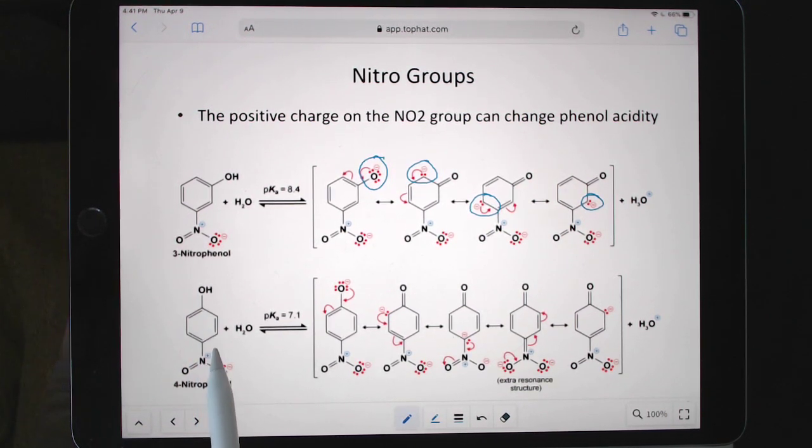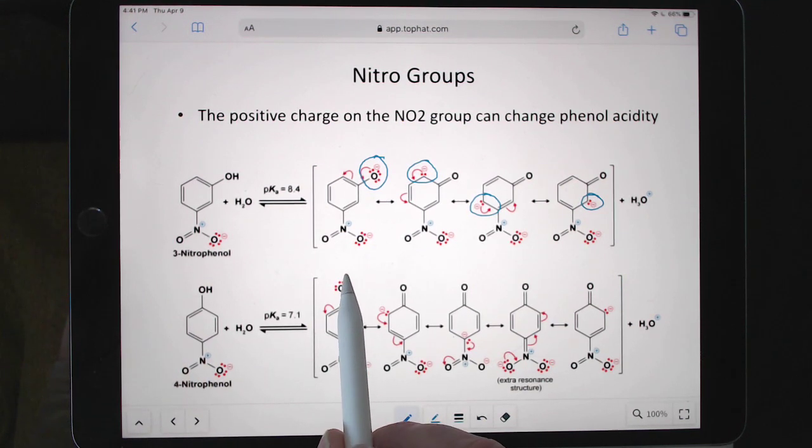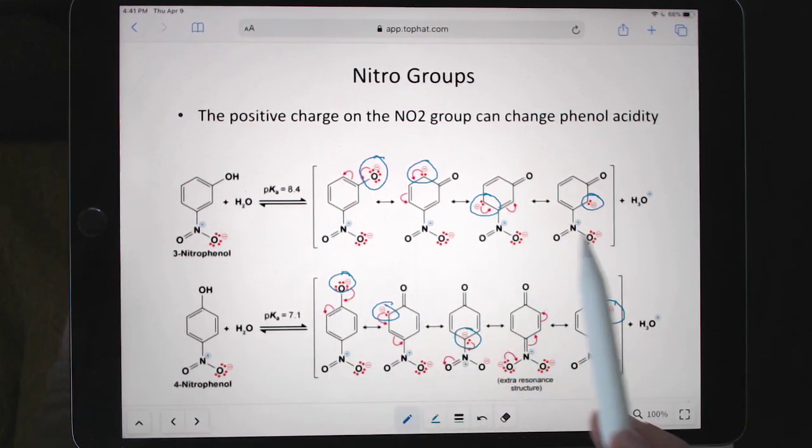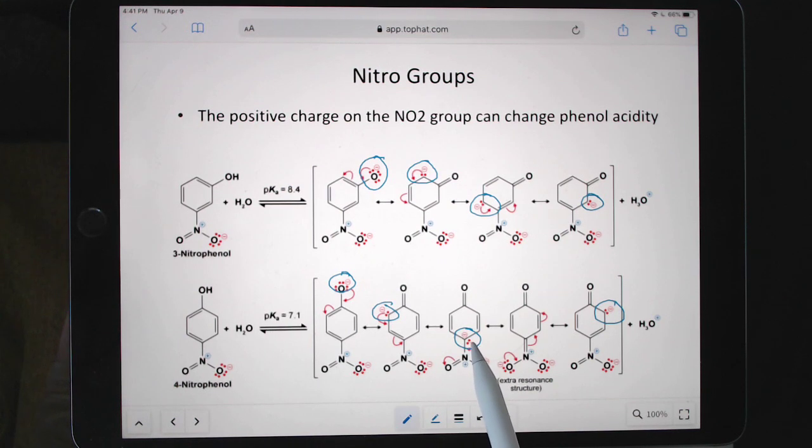But if it's in the para position, the 4 position, not only do you have these same resonance structures, but you've also got a negative right next to the positive on the nitrogen.